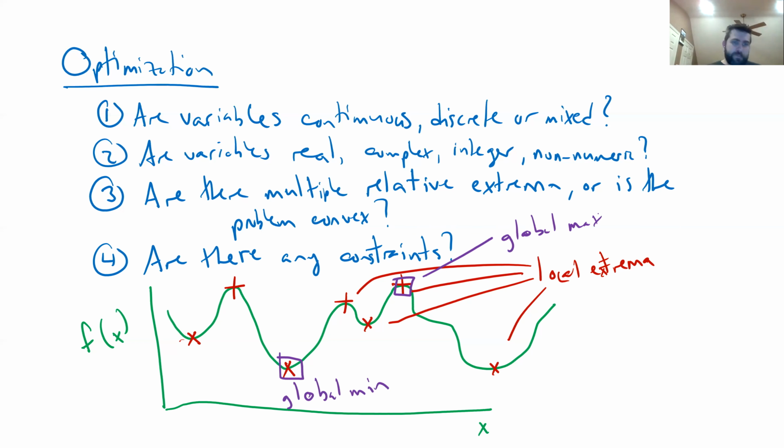Now, the reason that we always want to do this is because some algorithms for looking at optimization problems work well in some contexts, but don't work well in others. There are algorithms that only work with continuous variables. There are other algorithms that only work with discrete variables.